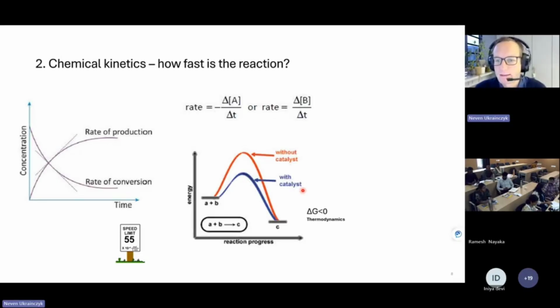This is chemical kinetics. So what is chemical kinetics? It tells you how fast the reaction is.